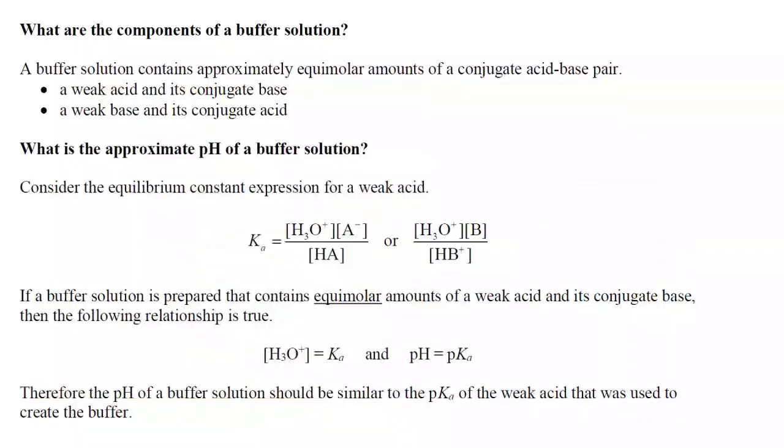What is the approximate pH of a buffer solution? Consider the equilibrium constant expression for a weak acid. If a buffer solution is prepared that contains equimolar amounts of a weak acid and its conjugate base, so if HA and A- have the same concentration, or if the weak base B has the same concentration as its conjugate acid, BH+, then those terms would cancel out in the equilibrium constant expression, and the Ka would be equal to the concentration of the hydronium ion, and the pH is equal to the pKa.